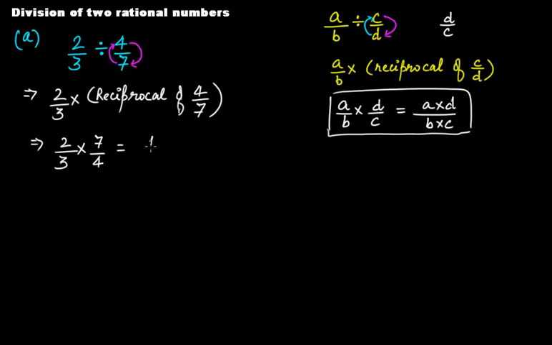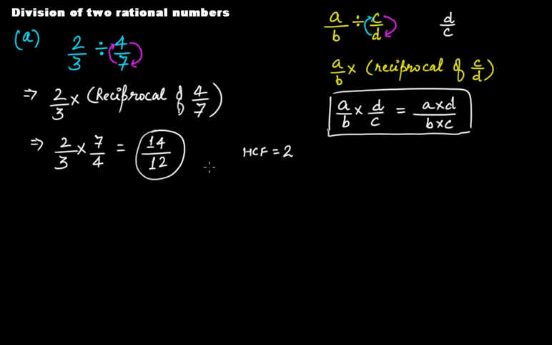If you solve it, it comes 14 over 12. Now, if you look at these two numbers, that is 14 and 12, you can see that you have the highest common factor as 2. And if you want to simplify it, this is also the correct answer.